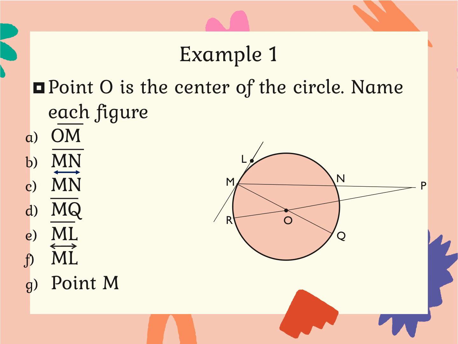All right, for this slide, we're going to go ahead and name some information, so please pay attention to how we're naming it and what you're looking for. Point O is the center of the circle. Name each figure. So looking at it, I have OM. Who could tell me, what is OM considered? Radius. Good, that's my radius. They're not asking me to find the values, they're just asking me to name what it is.